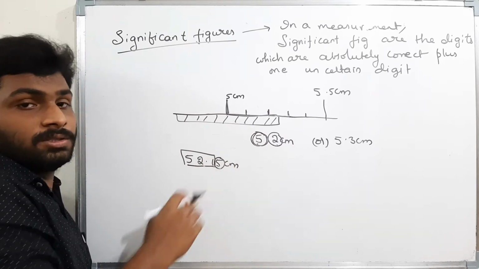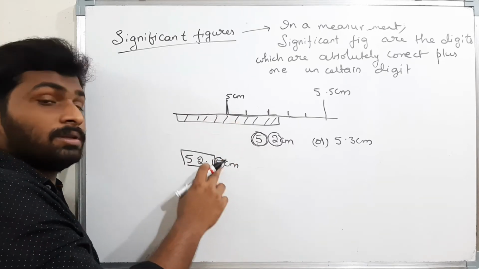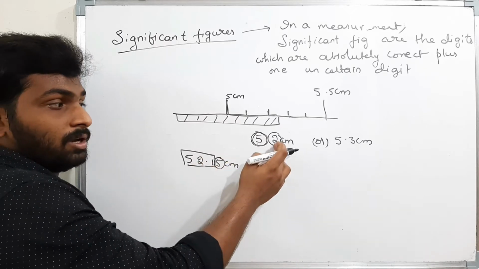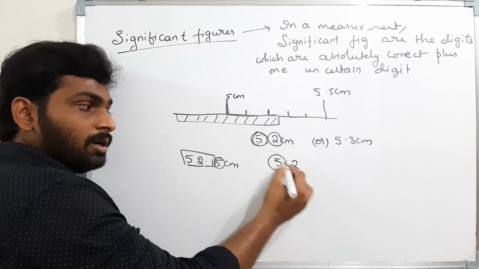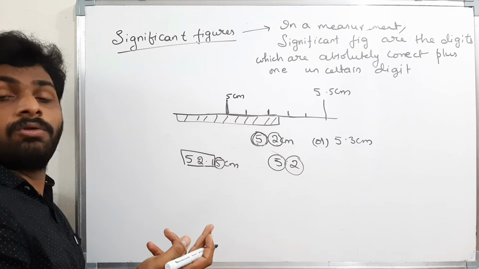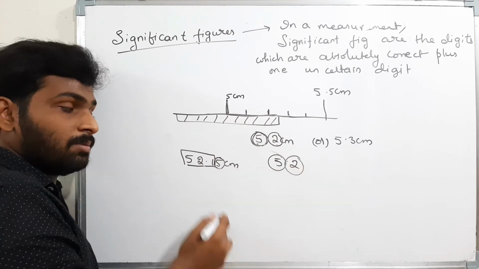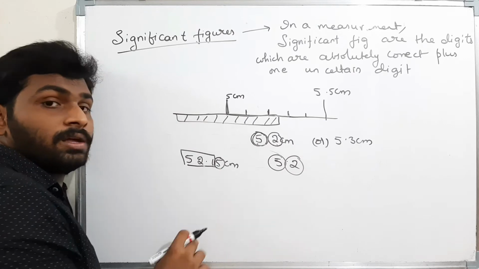The value may change. This is not a perfectly correct value. There may be some error in this 5. Now see here, I took 5.2. 5 is absolutely correct, but 2 may be 2, it may be 3, or it may be 1 also. We don't know. That means this is uncertain. Same here. 52.1 is absolutely correct, where the 5 is an uncertain value.